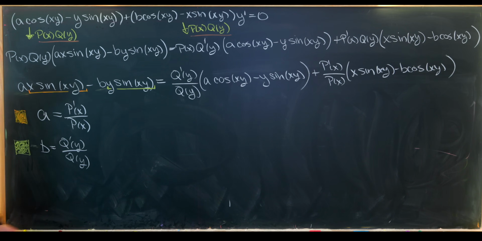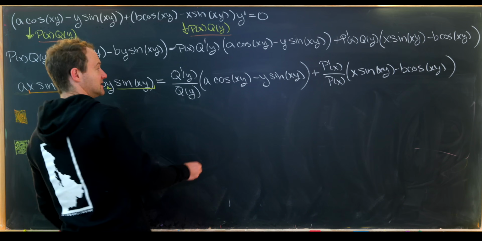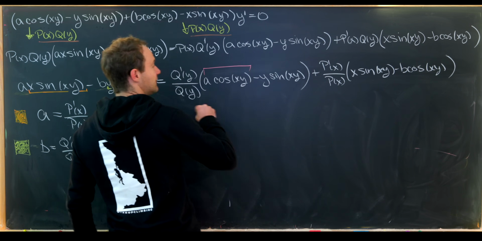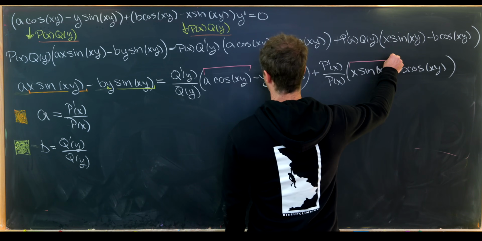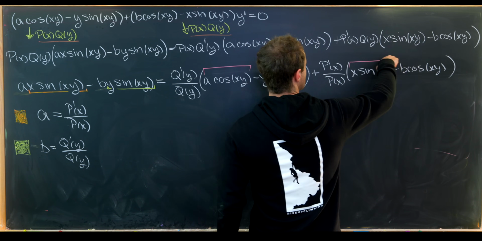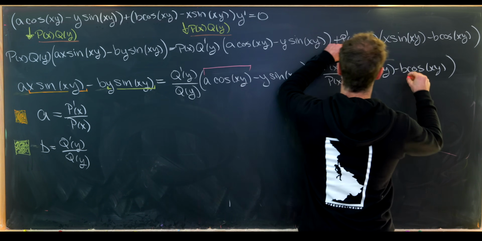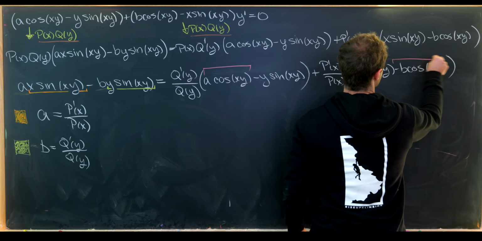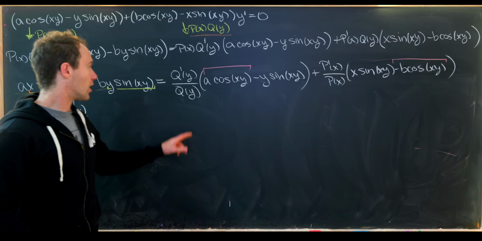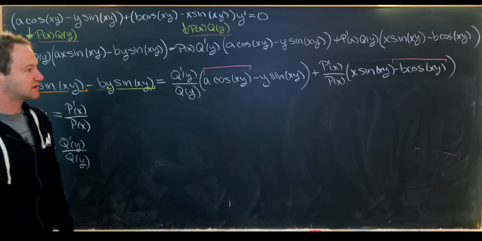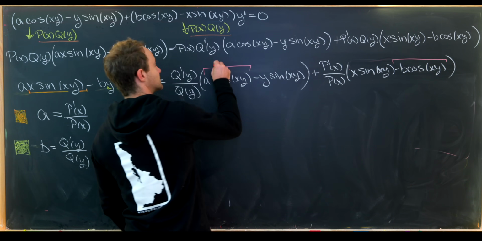But before we solve these differential equations, let's just check that if we set p prime over p equal to a, and q prime over q equal to b, that everything works out. And in fact it does, because if we set those things equal, as I just discussed, these two terms, which I'm doing in pink overline, which are the leftover terms, are both a times b times cosine xy, so they will cancel.